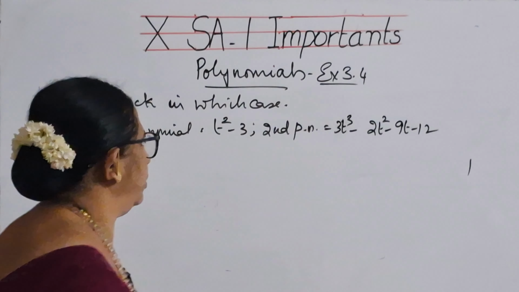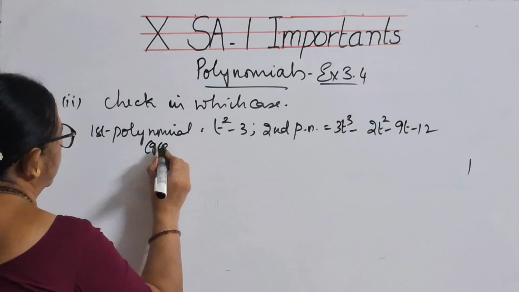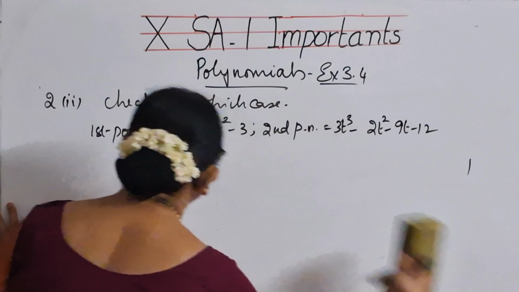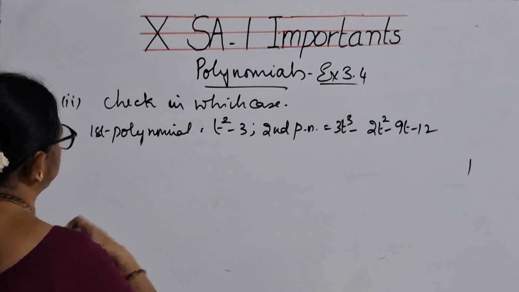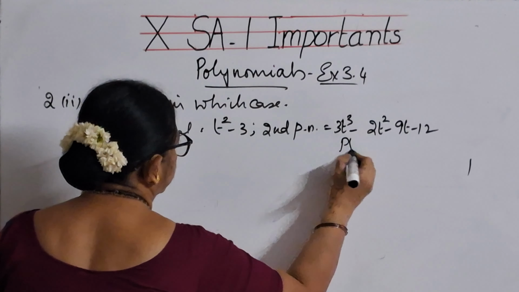This is the second polynomial. That means the first polynomial is nothing but g of x, you have to take. The first polynomial should be considered as g of x, and this is p of x.